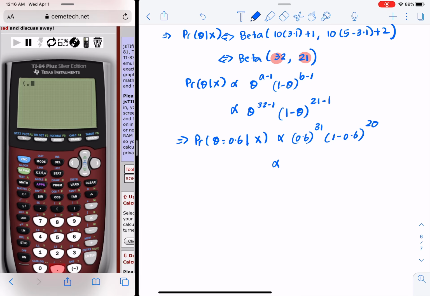And that would give us 0.6 raised 31 times 0.4 raised 20. We get 1.45 times 10 raised negative 15.